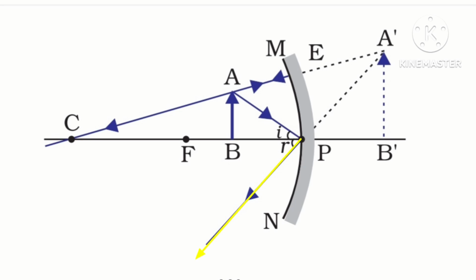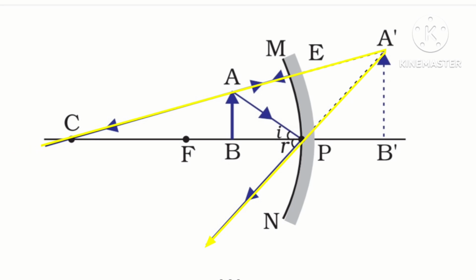Second ray which we consider here is passing through center of curvature. We know after reflection the ray comes back in the same path and passes through center of curvature. In this case, the two rays never meet, so these rays are diverging from a point A dash. To get that point A dash, we need to extend the two reflected rays.